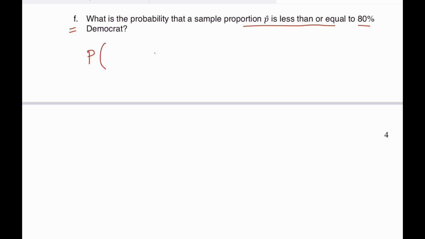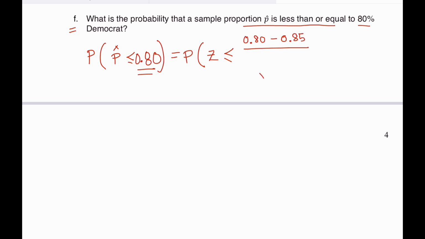So the probability of getting a sample that is less than or equal to 80% Democrat is equal to the probability of getting a z-score that is, and I'm going to convert this to its z-score, 0.80 minus the population mean over the standard deviation for the sampling distribution.